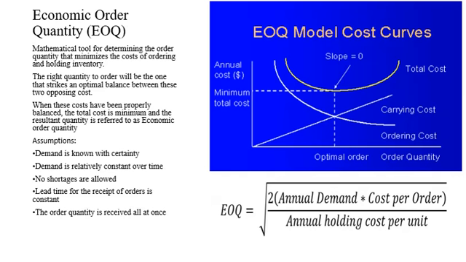Therefore, the trade-off of these two costs is attained at a level at which total annual cost is the least. And at this level, the order size is designated as economic order quantity. The quantity may be calculated with the help of this particular formula, which is the square root of twice the product of annual demand and cost per unit divided by annual holding cost per unit.